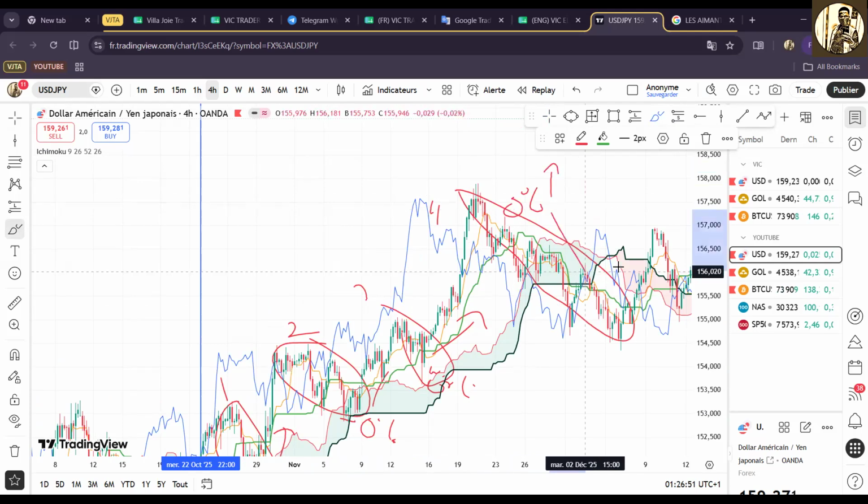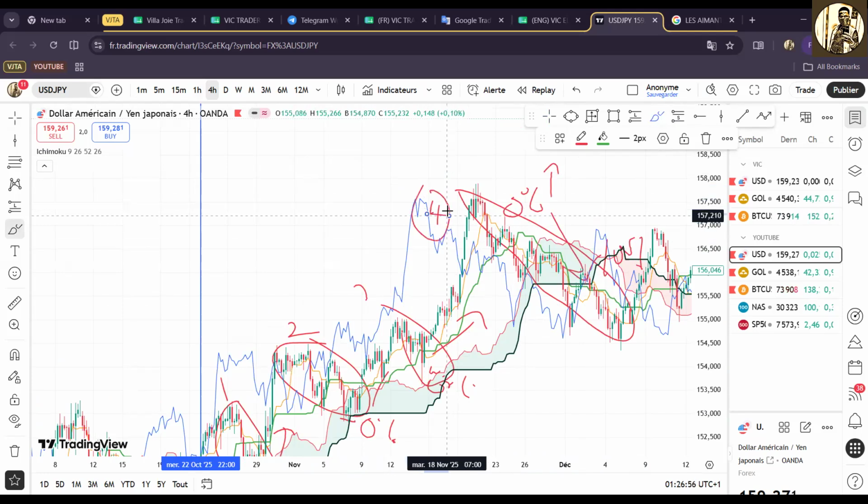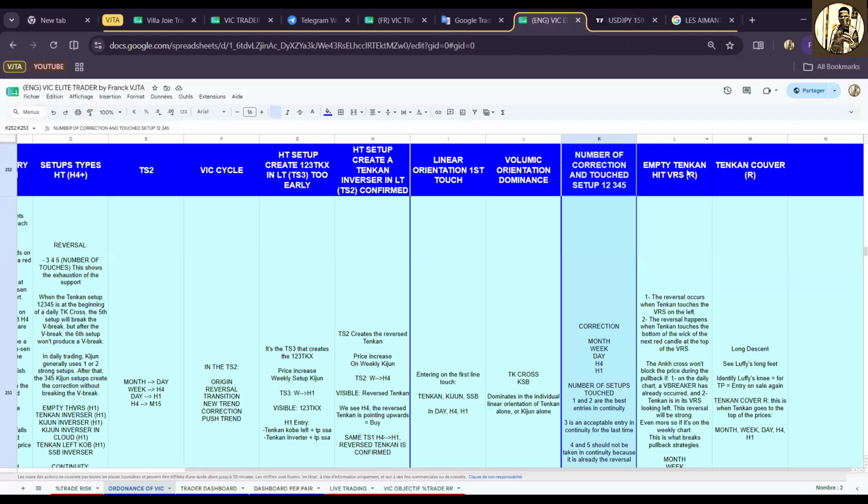Now I can go down at 100% chance because it's the fourth correction. It's about the number of corrections too that matter in terms of blockers. So that's what I wanted to say, corrections of the cycle. It happens a lot on 4 hours.